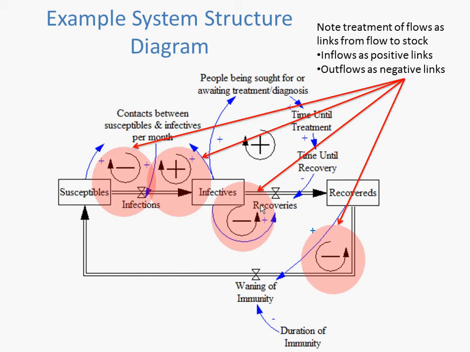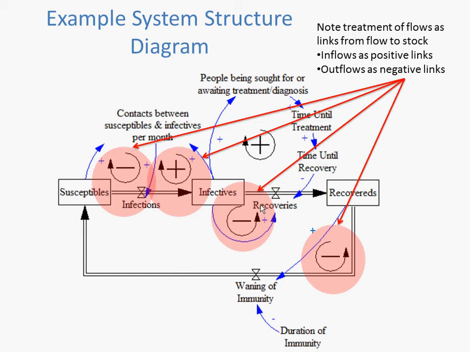Distinguishing stocks and flows within such a diagram sharpens the semantics of the connections. So a quantity that was merely shown as a link within a causal loop diagram is now often distinguished, for example, as a flow within a system structure diagram.